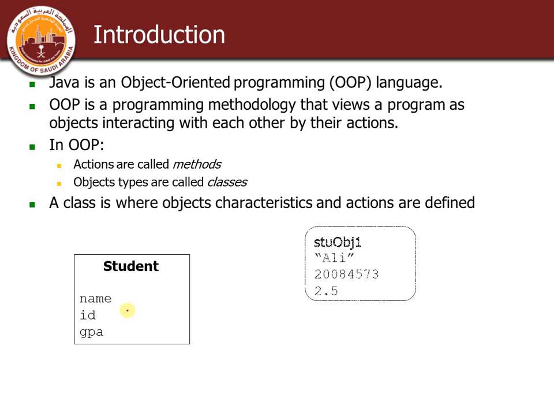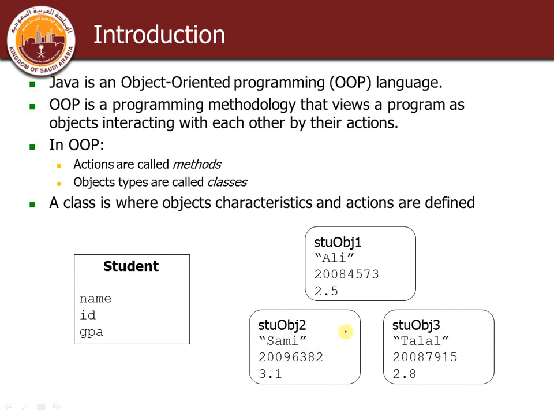So this is the class Student, and this is the object student, which is an instance of the class, an example of that class. So Ali with this ID, with this GPA, is an instance of Student. We can have more, of course, with different information, but the same three characteristics: the name, ID, and GPA.